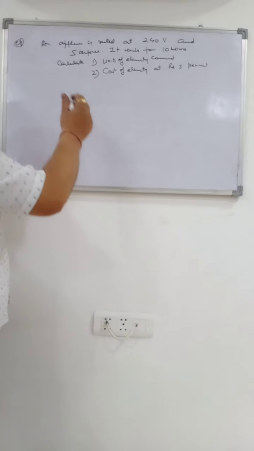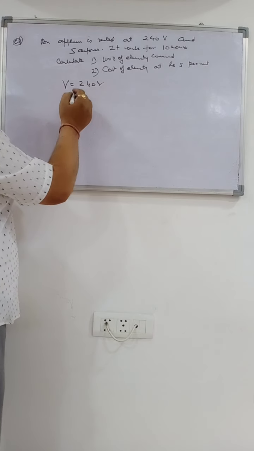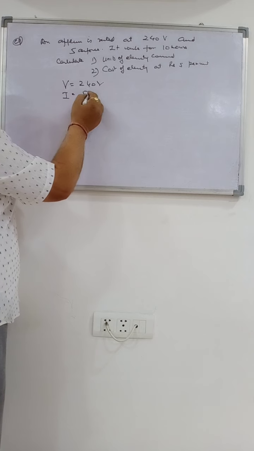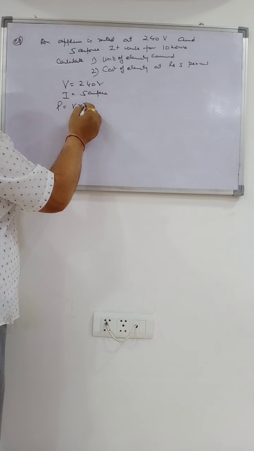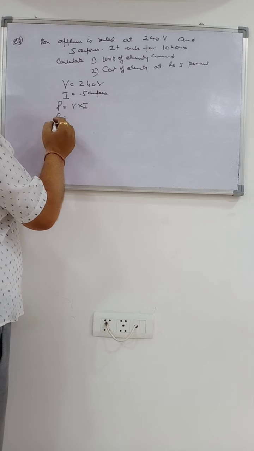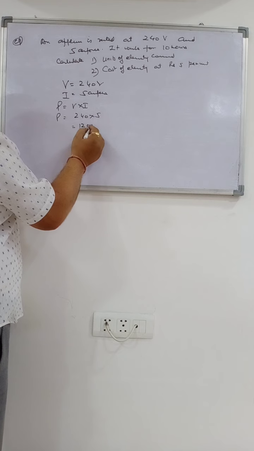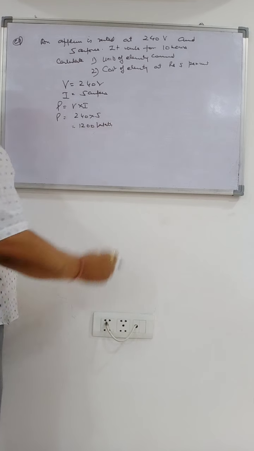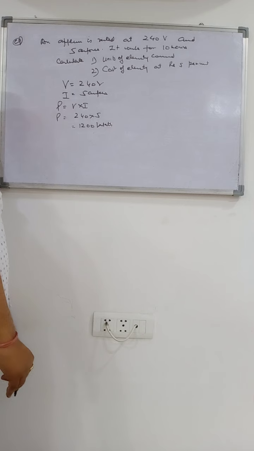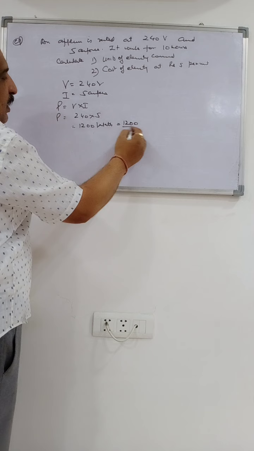Please see, V is equal to 240 volts, I is equal to 5 amperes. So what is power equal to? V into I. So power is equal to V 240 into I 5 amperes, which is equal to 1200 watts. Power is 1200 watts. V into I is equal to 1200 upon 1000.